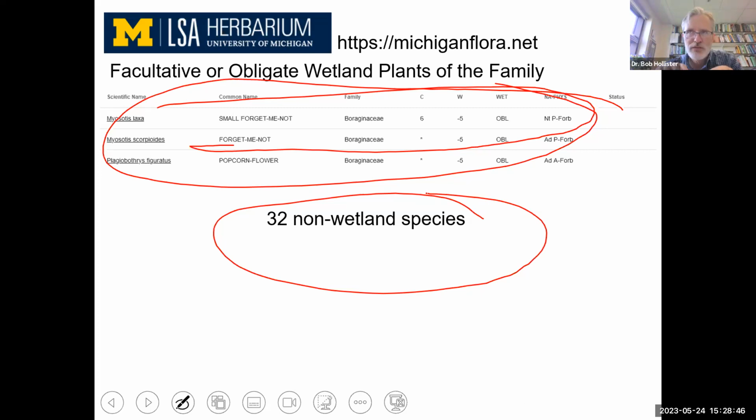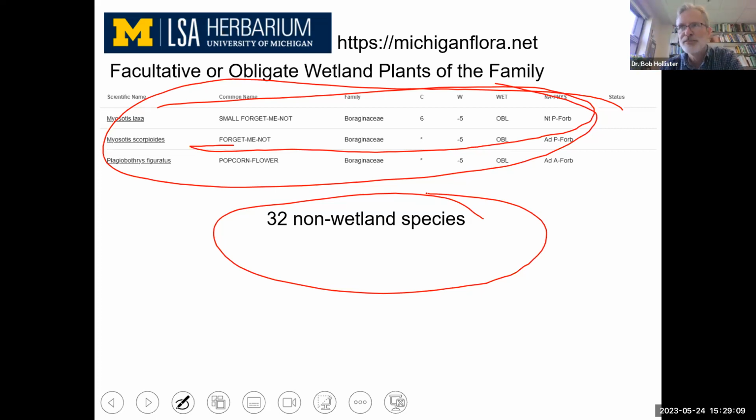If you master your wetland plants, then it translates really well to upland. It's just a smaller list to learn and get comfortable with and feel good about. You go to a place, you can identify stuff. Then once you start to master those, you start to look for those same characteristics in uplands.